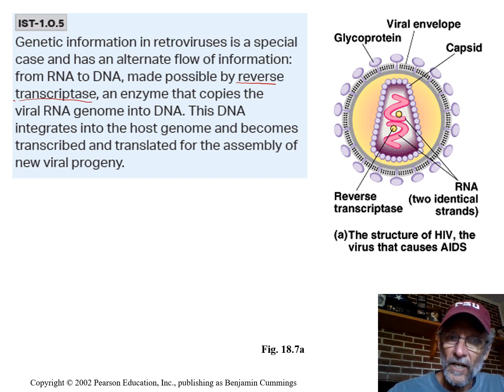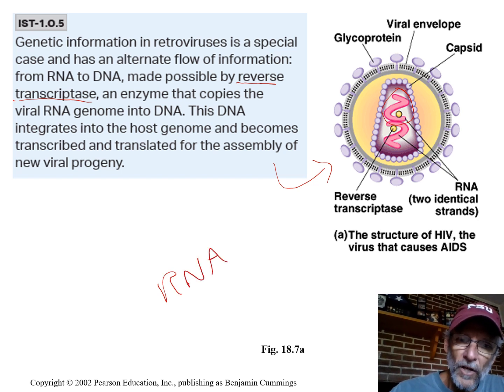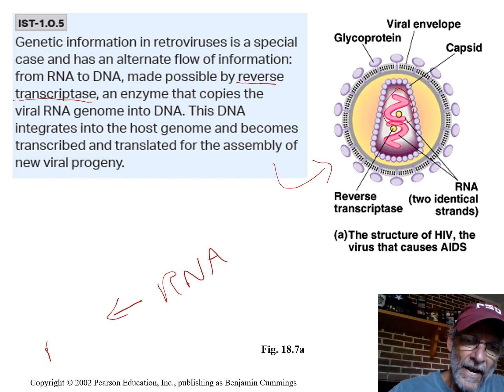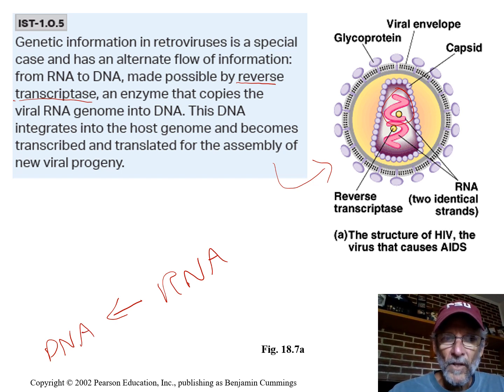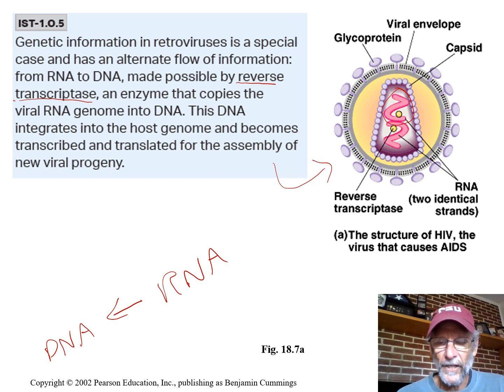But this is the kind of thing that these creatures called retroviruses have evolved to be able to do, the ability to take their RNA and do the reverse of that normal dogma thing and use it as a template to make DNA. So that's where I stuck that in, and we'll come back to it, I think, in genetic engineering stuff.